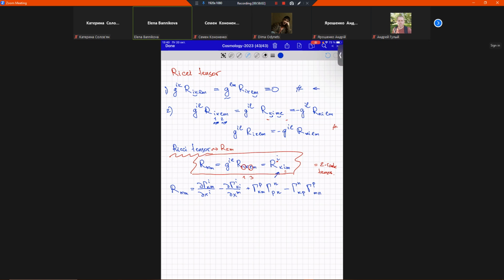So this we can put in a frame, because this is the expression through the Christoffel symbols of the Ricci tensor.